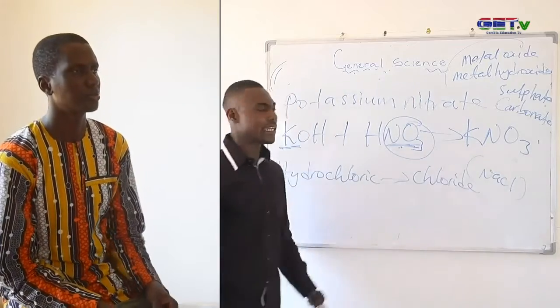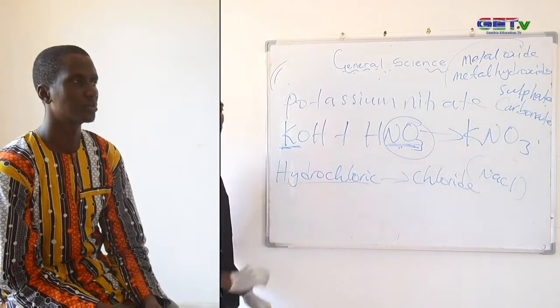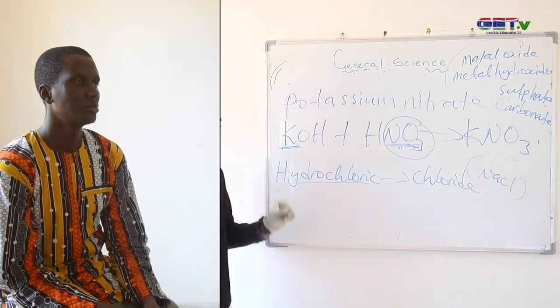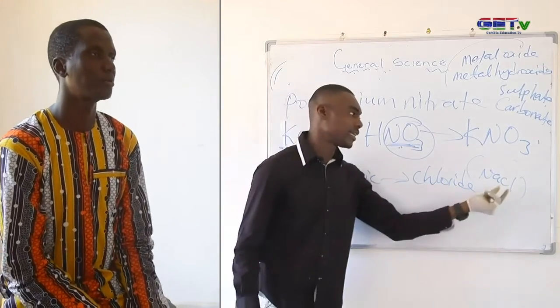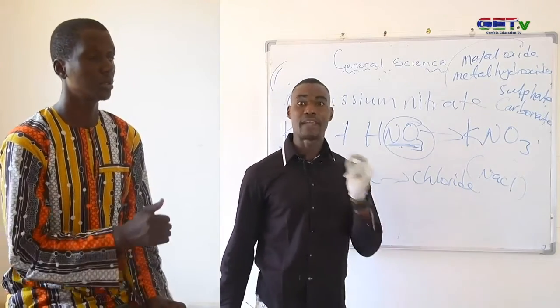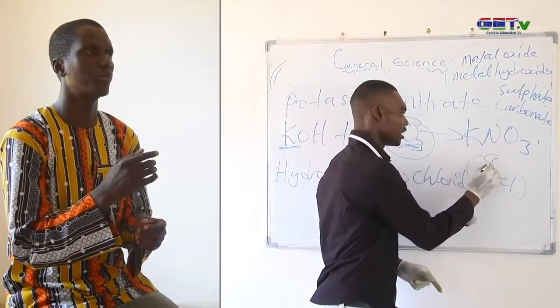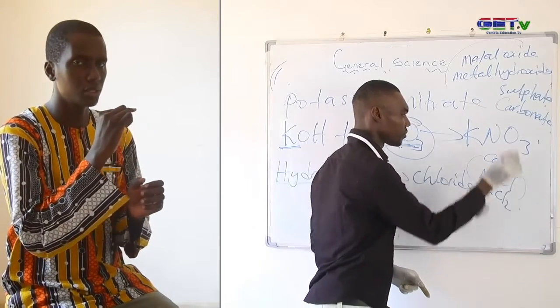The metal is sodium, and this chloride comes from where? The hydrochloric acid. So any salt that is formed from a combination of a metal and hydrochloric acid, the name of that salt should end in chloride, by first naming the metal that was used. Example, sodium chloride, calcium chloride, potassium chloride.